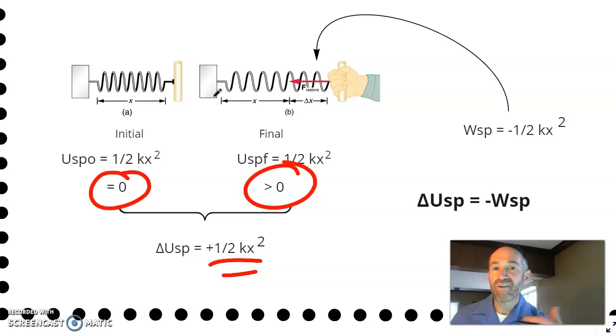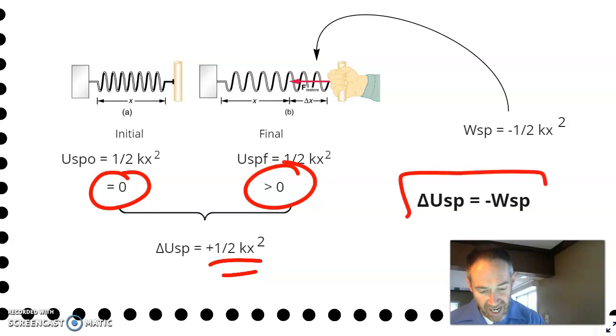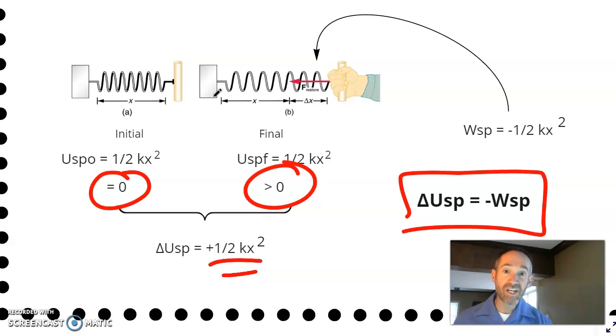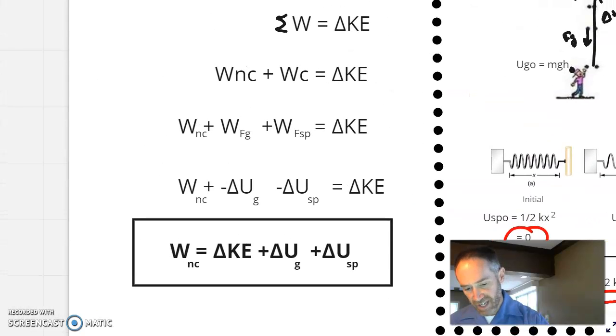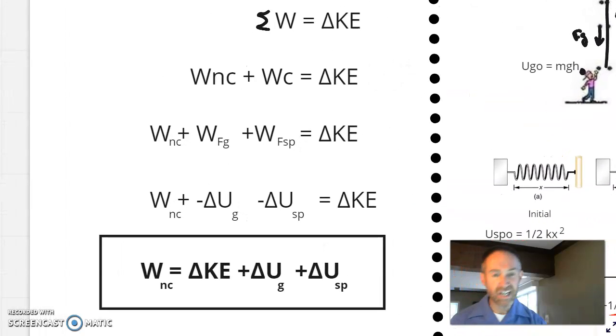Well, half of the k value times the stretch squared, or the average force, which is 1/2 kx, times the stretch x. And so I'm trying to say that the change in spring energy is the negative of the work done by the spring. And so all that to say, why am I making an issue of that?